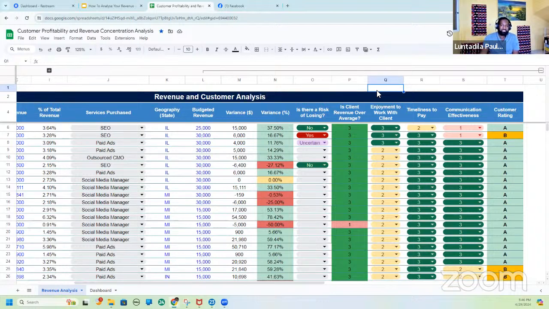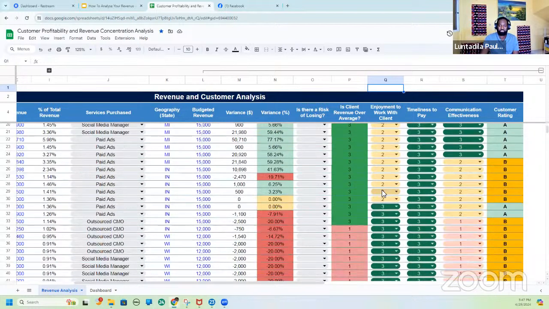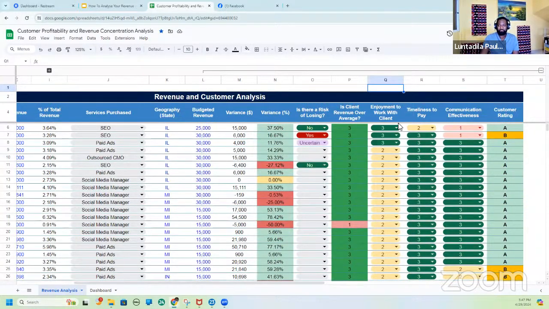But other clients, they don't treat your team well, they don't respect your employees, they're always late in sending critical information. They try to force you to work out of scope without compensating you fairly. These clients are not gonna receive full points. Maybe they're gonna receive 1 point or 1.5, right?